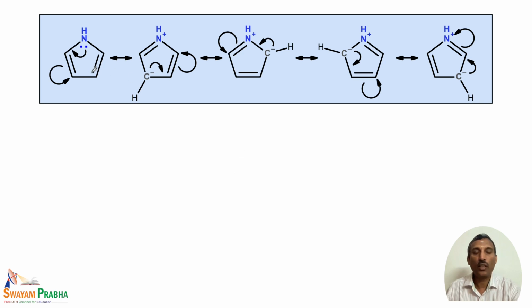We can actually draw various resonance stabilized structures for the delocalization of the electrons in the heterocycles. Let us first look at the pyrrole system. The pyrrole lone pair is now coming towards the ring, and these 2 pi electrons are shifted towards this particular carbon atom.